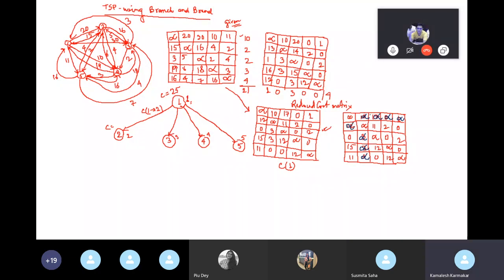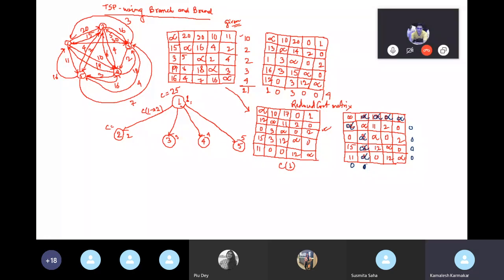Now, what is the minimum value of this row? It's 0. The minimum value of this row is 0 again. Now if we reduce by column, the minimum value of this column is infinite, so we have to neglect it.